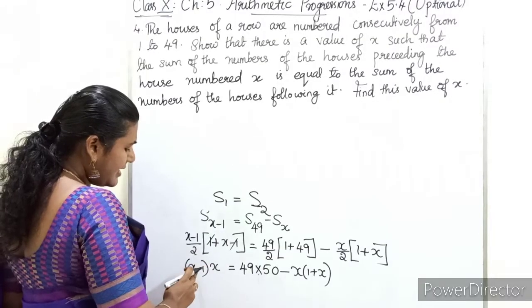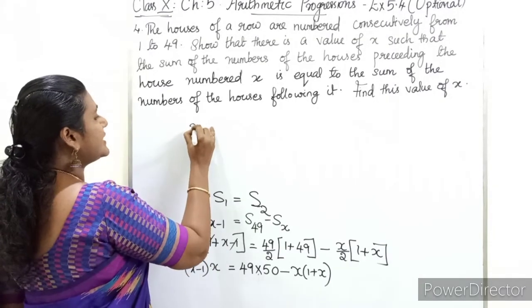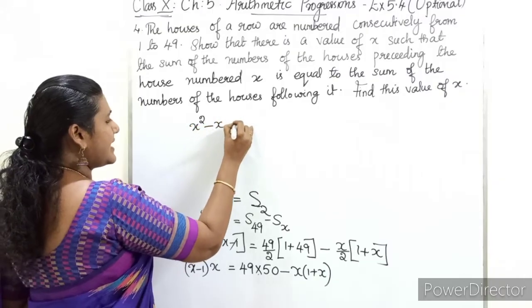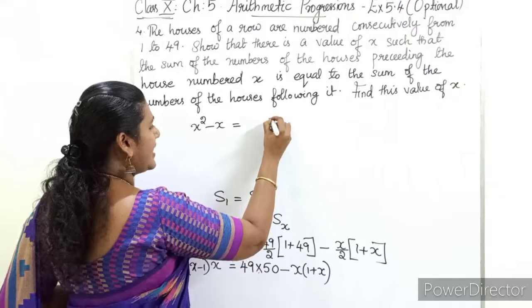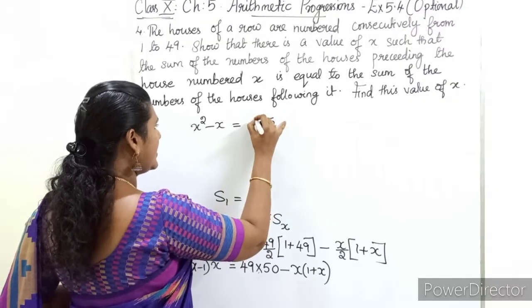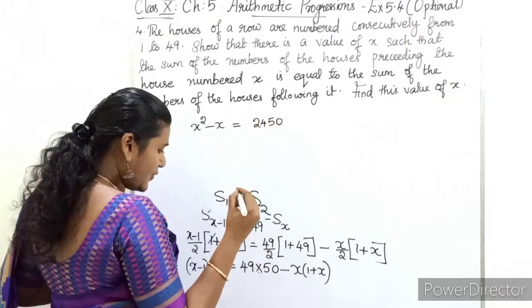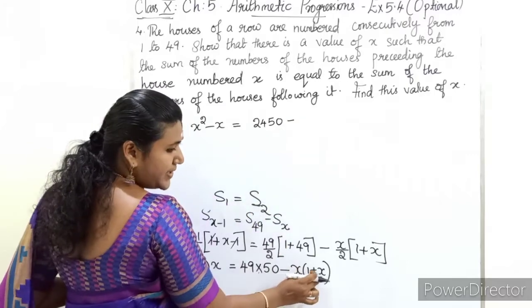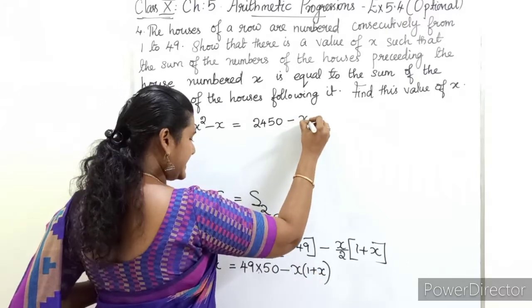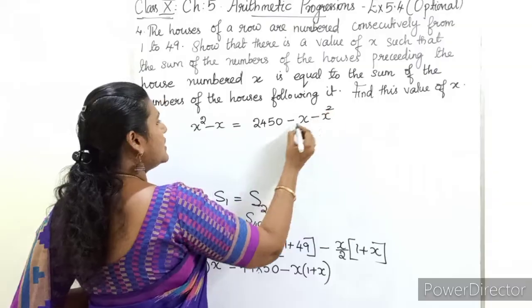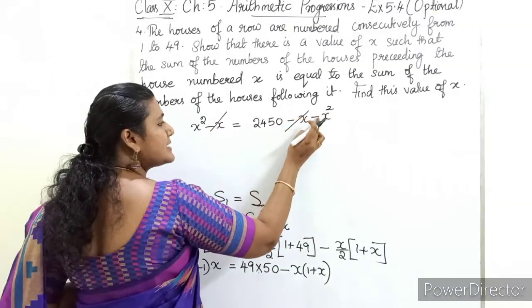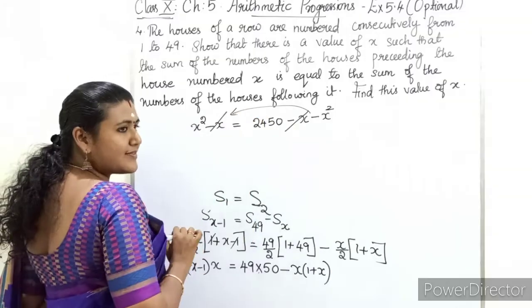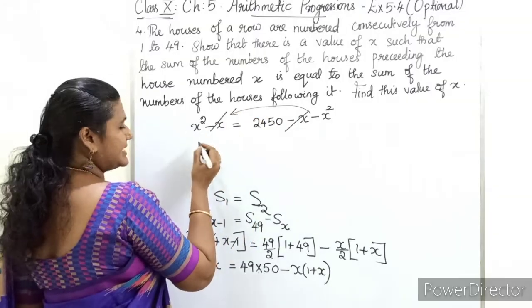We will multiply these two terms by x. So x into x is x square, minus x, is equal to 49 into 50, that is 2450, minus x, minus x square. Now the minus x we can cancel, and this minus x square we take to the left side, so it becomes plus x square.